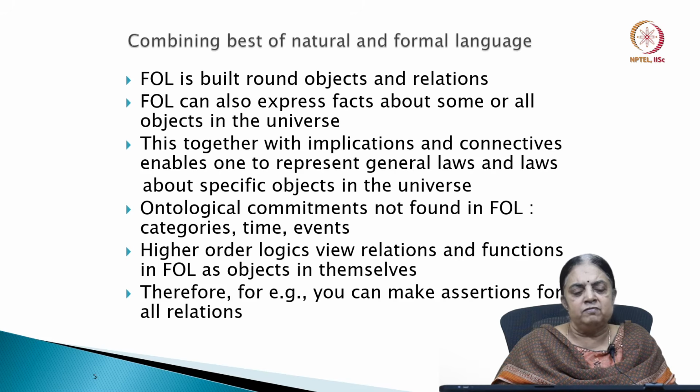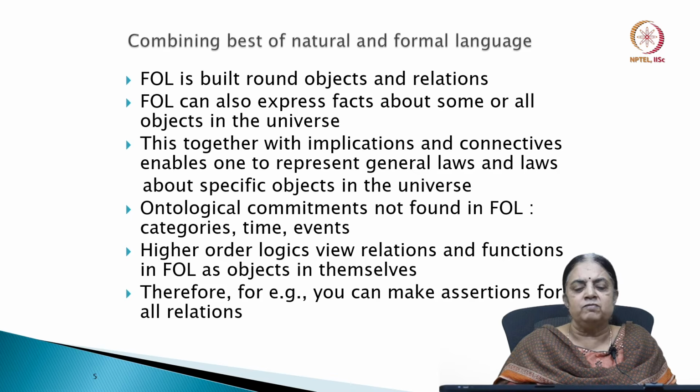Another thing that first order logic can do is it can express facts about some or all objects in the world. For example, we can say something like all crows are black and things of that sort. Which means that you are expressing a fact about all the objects of one type in the world, or you can express the facts about one particular person, so that there exists somebody who's got this property or some such thing, right?